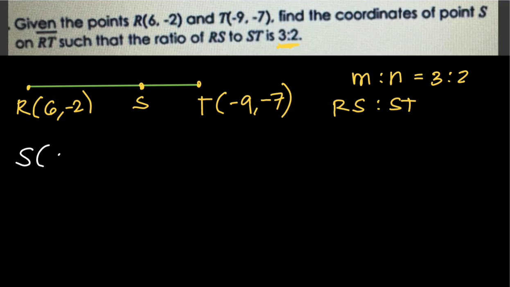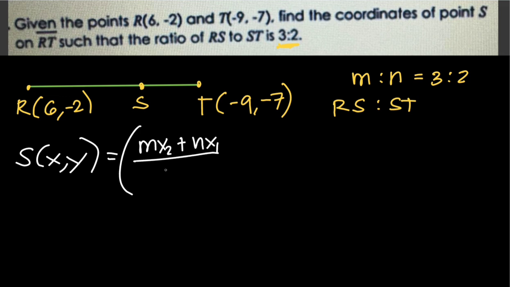S(x, y) is equal to (m x2 plus n x1) over (m plus n), then (m y2 plus n y1) over (m plus n).